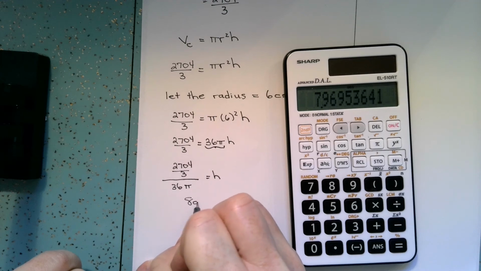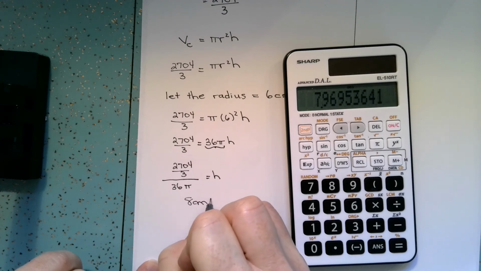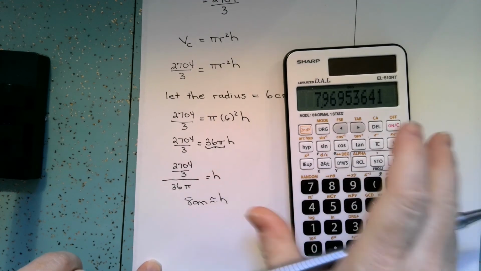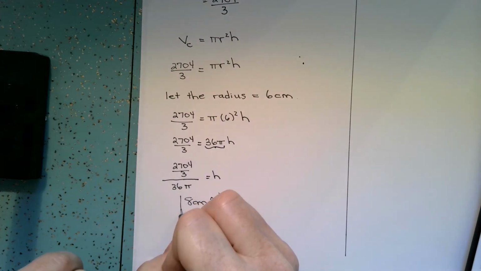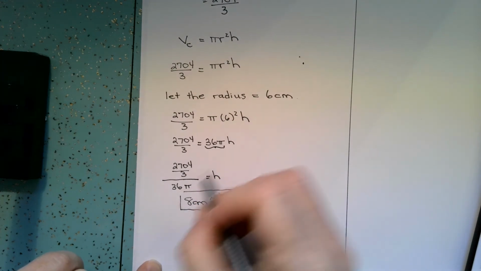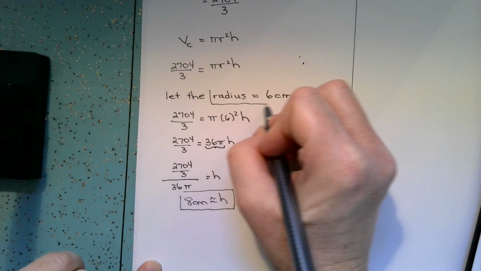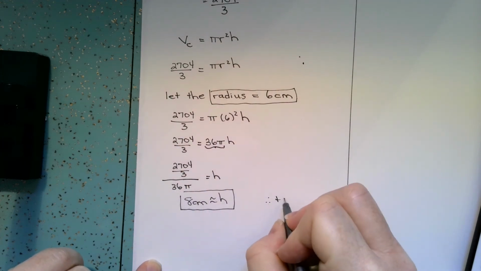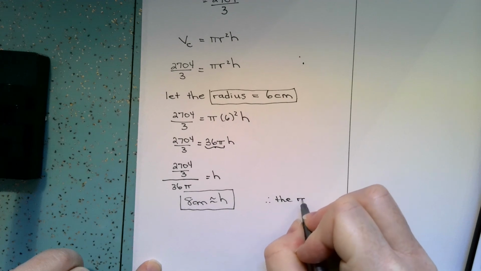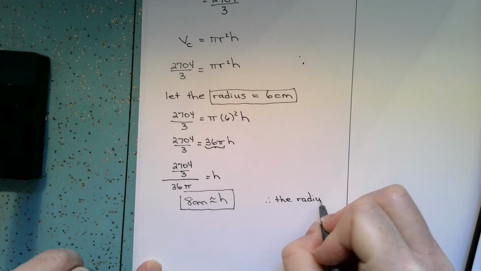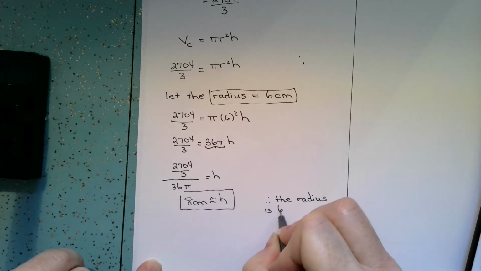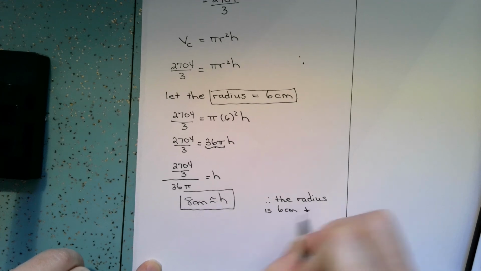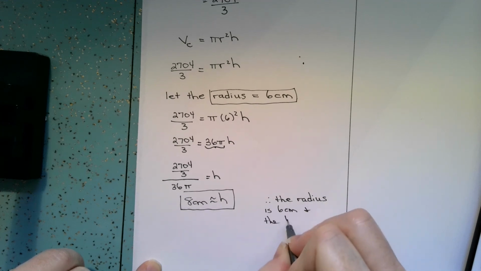So 8 centimeters is approximately equal to the height, and this is the radius. Therefore, the radius is 6 centimeters and the height is 8 centimeters.